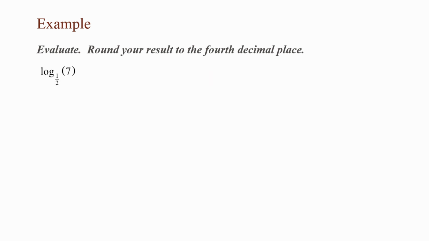In this example, we want to evaluate, round your result to the 4th decimal place, log base 1/2 of 7. Again, we want to use base 10, so I have log of what's in my parentheses, 7, divided by log of my base, which is 1/2. Now I'm ready to calculate.